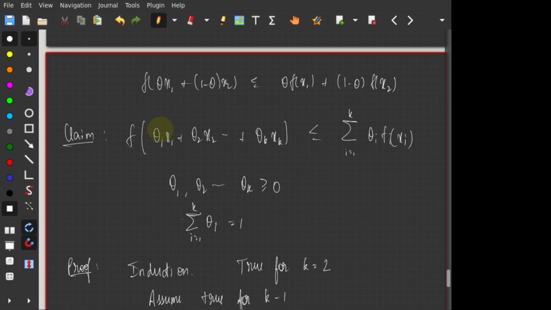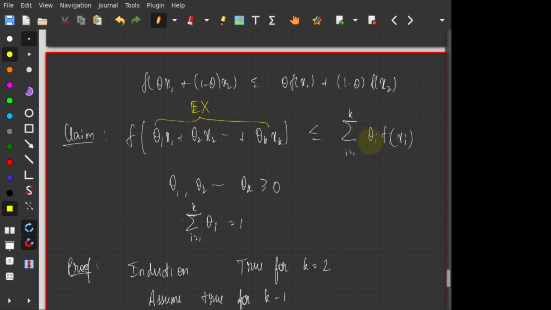So then this theta 1 x1 plus theta 2 x2 up to theta k xk, what does it resemble? It's an expectation, right? So this is just the expectation of x, where the random variable x takes value x1 with probability theta 1, x2 with probability theta 2, up to xk with probability theta k.